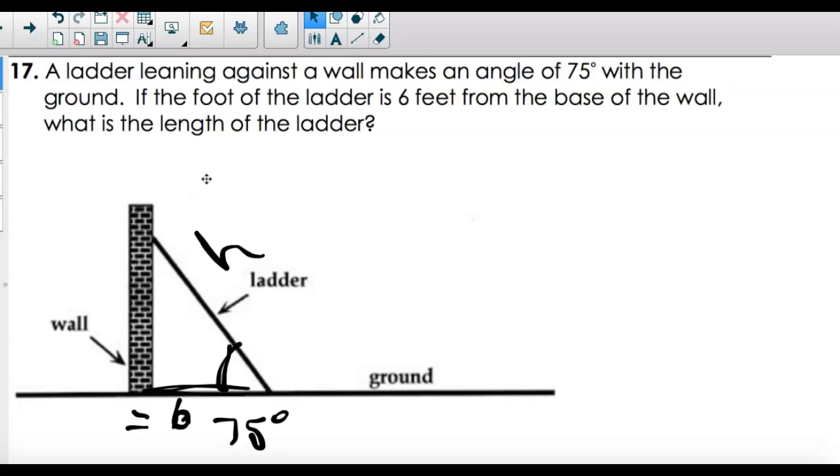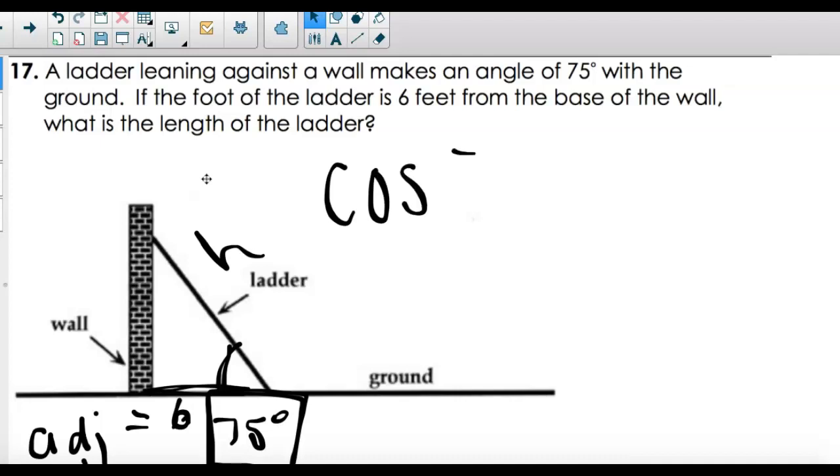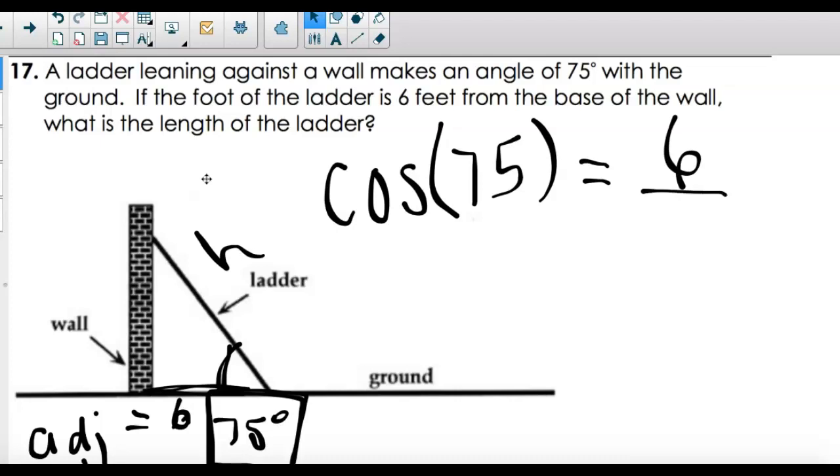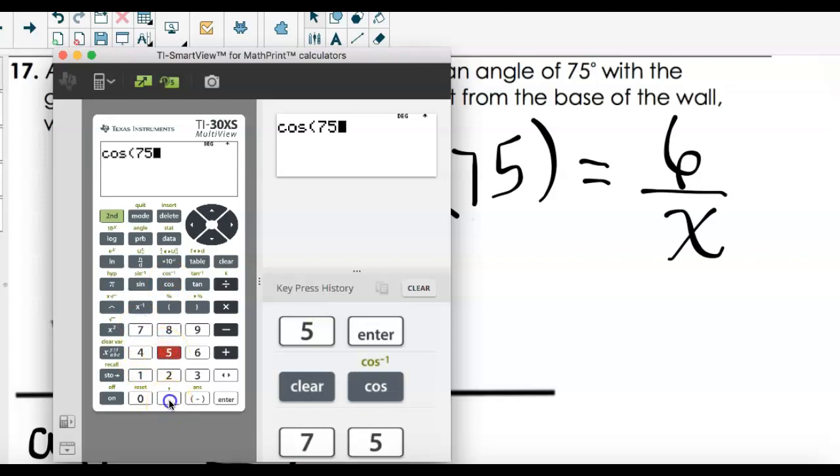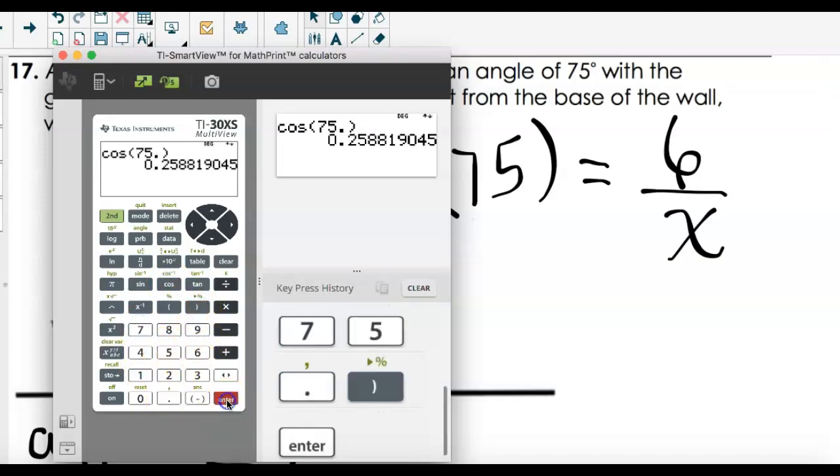The 6 represents adjacent. So we're going to be using a regular trig function, not the inverse here. The reason why I'm using a regular trig function is because I'm given an angle. So this will be cosine, so just simply cosine 75 degrees, and again that's just a number. We're going to use the calculator. Adjacent is 6 and hypotenuse is x. Cosine 75 is 0.259, let's say.